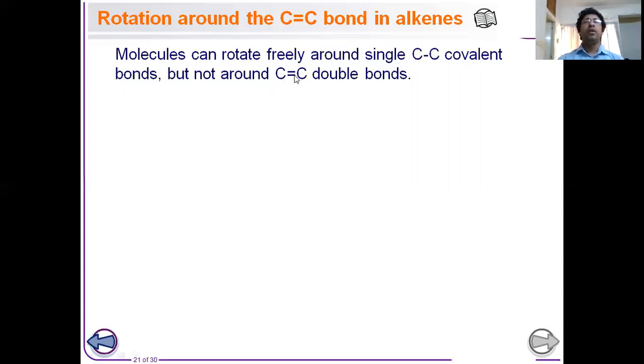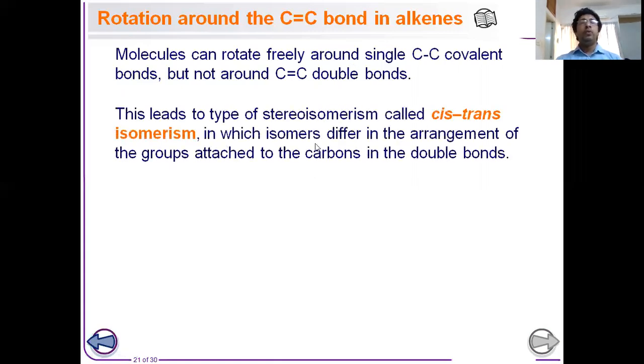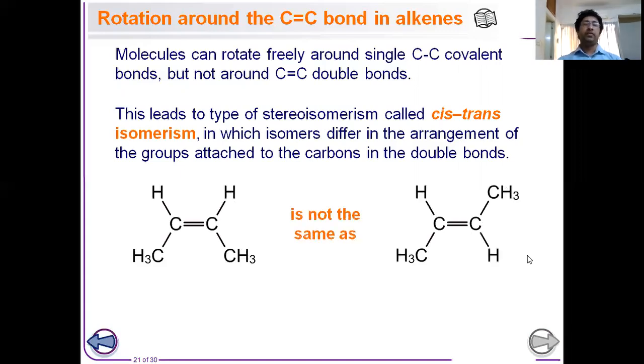But if a double bond is present between two carbon atoms, then due to the presence of the pi bonds at the top and bottom, electron cloud is present, so the rotation will be restricted. As the rotation of the carbon atoms will be restricted with these two carbons engaged in a double bond, we may see some differences.